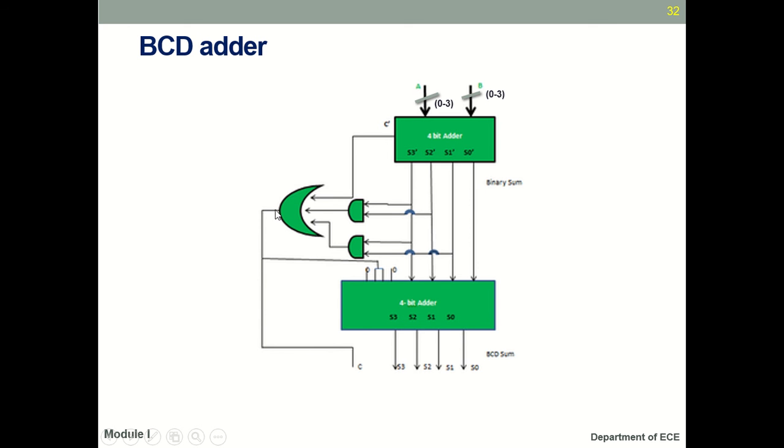If any one of those is 1, then your OR output is equal to 1, and your second and third bits are connected to the output of the OR gate, so this will become 0110. Now when the binary sum is added with 0110, your output will be your BCD sum.